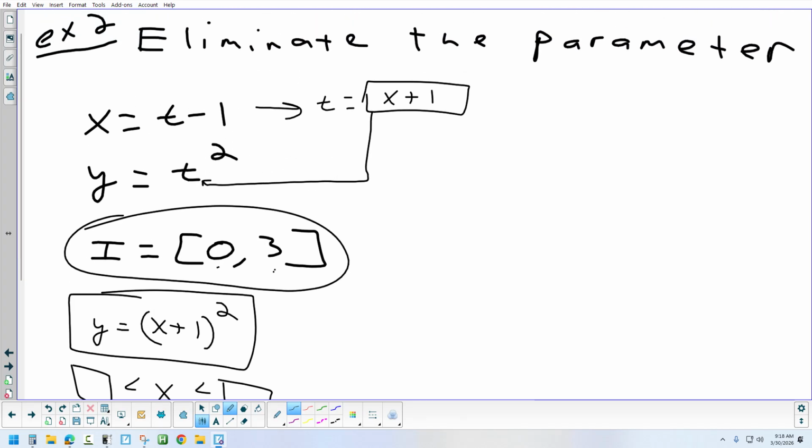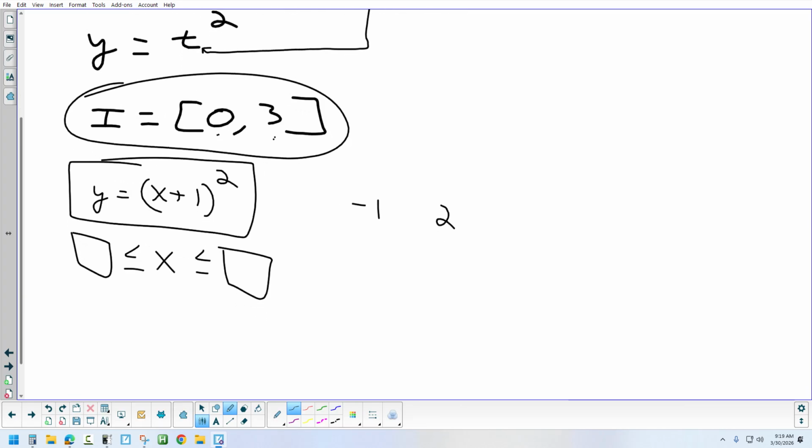All right, so let's try plugging in 0. When we plug in 0, we get -1. Let's plug in 3. 3 minus 1 gives me 2. So that means this particular graph, we're going to draw it from -1 to 2.